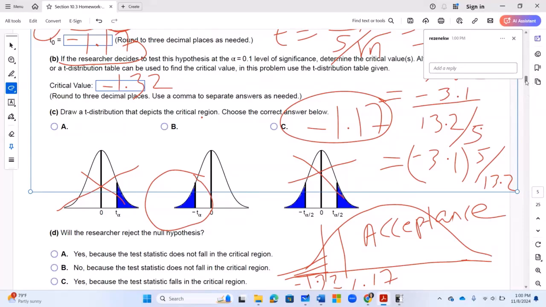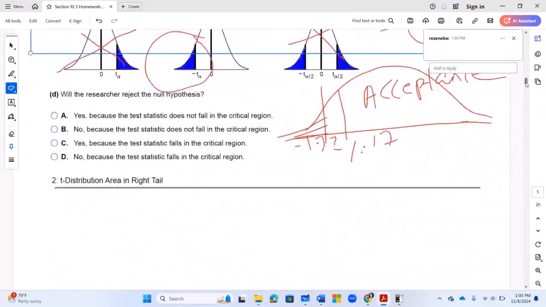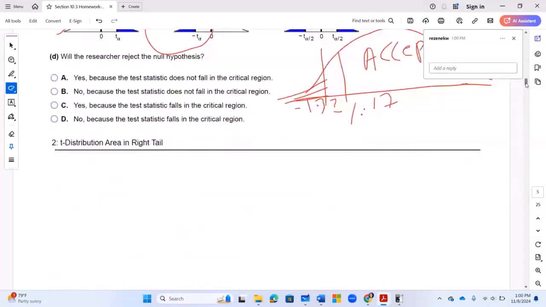Let's go through the answer choices. Will the researcher reject the null hypothesis? No, because the test statistic does not fall into the critical region. That one sounds good, but it's like a tautology.